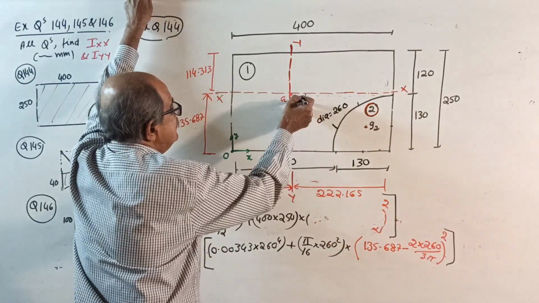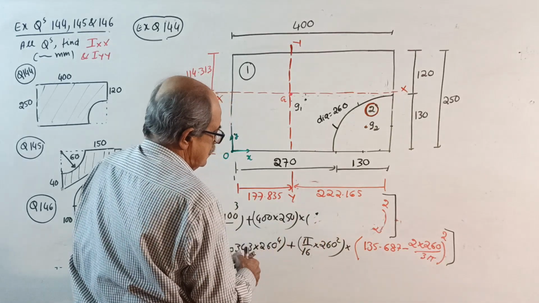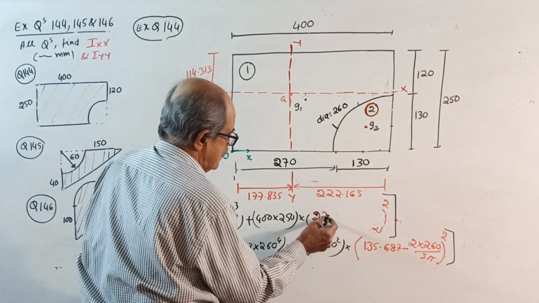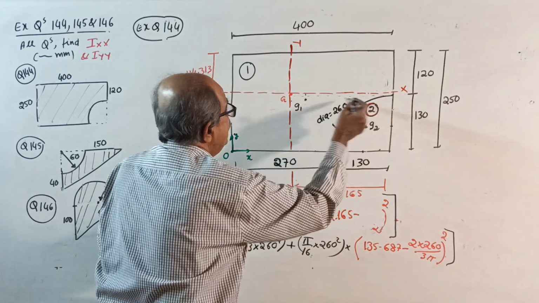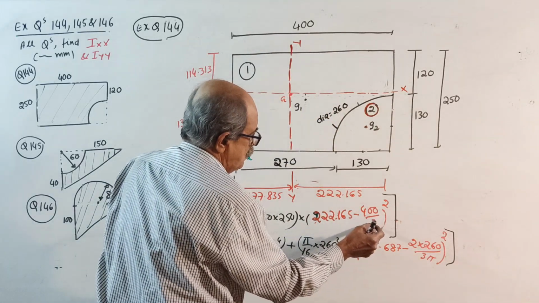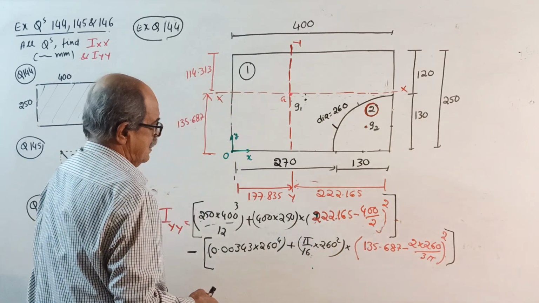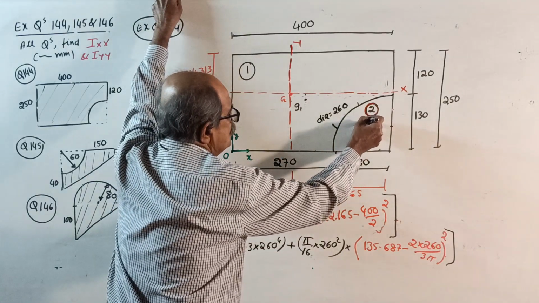See, this distance squared is 222.165 minus, from here to here, half of 400, 400 by 2, whole square. That is for 1. Then minus for 2, I about its own centroidal axis.